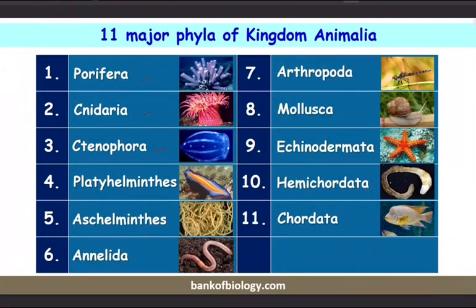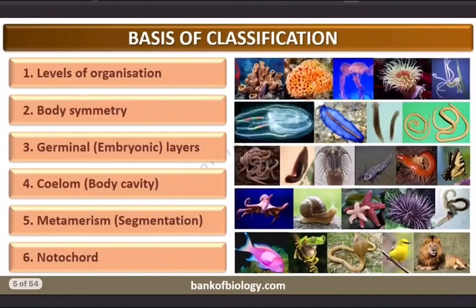And 11 major phyla are there under kingdom Animalia. They are Porifera, second phylum Cnidaria, previously called Coelenterata, third Ctenophora, fourth Platyhelminthes, fifth Aschelminthes, sixth Annelida, seventh Arthropoda, eighth Mollusca, ninth Echinodermata, 10th Hemichordata, and finally phylum Chordata.